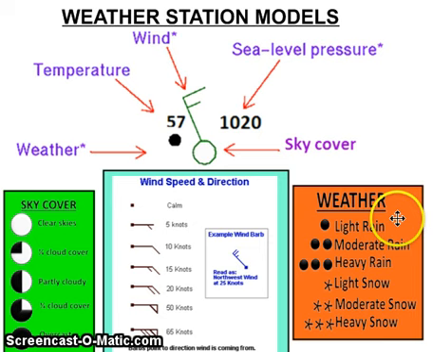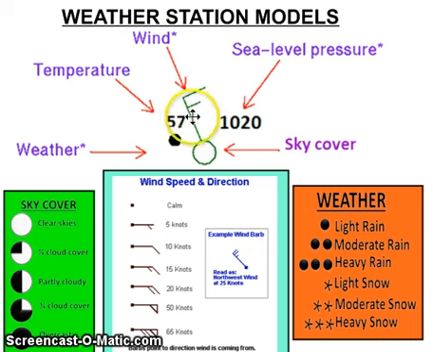So there's only really two symbols that we have to know. One is a little dot, which represents rain, and then a little star or an asterisk, which represents some amount of snow. The more dots there are, the more rain there is, and likewise for the snow. You notice in our sample here that this only has one dot, so that means that this area is having a little bit of a light rain.